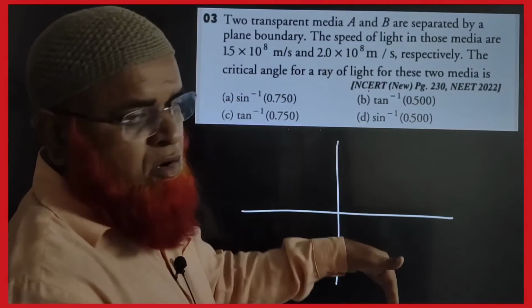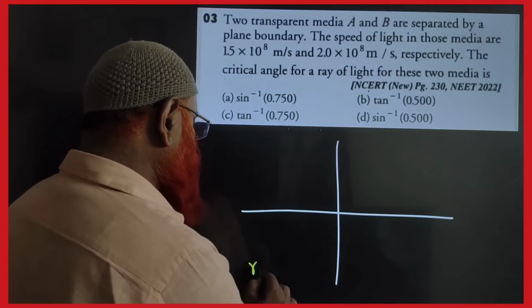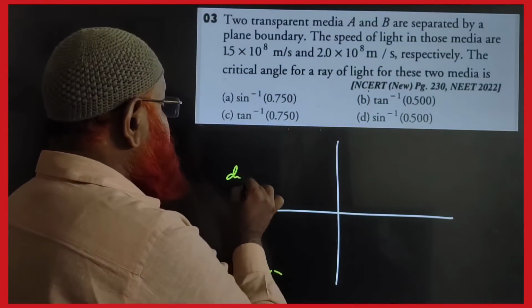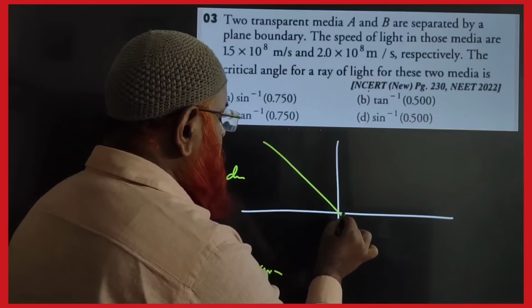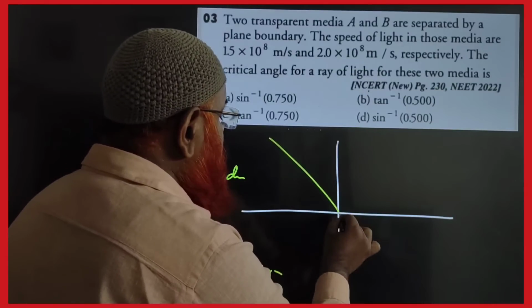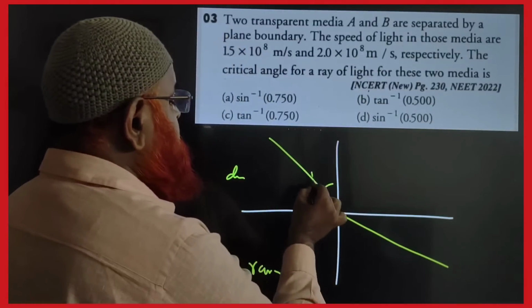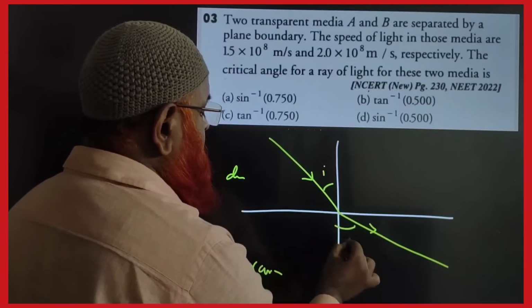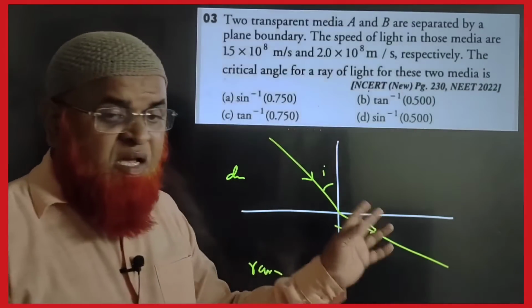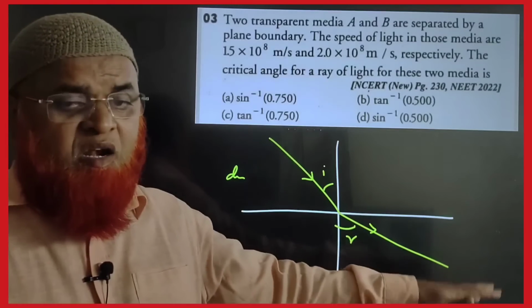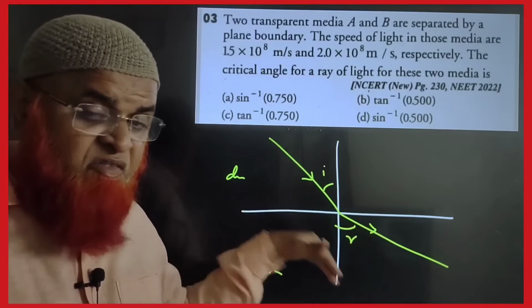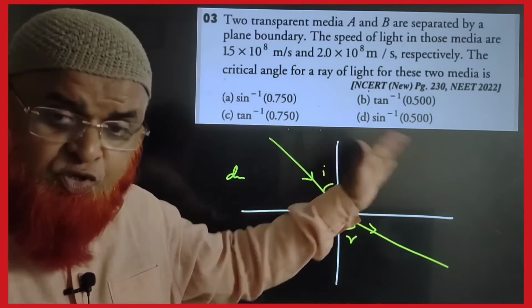Here speed is increasing, so this is rarer and this is denser. It is traveling from denser to rarer, so it bends away from the normal. Understood what I am telling? Denser to rarer bends away from the normal. Rarer to denser bends towards the normal.